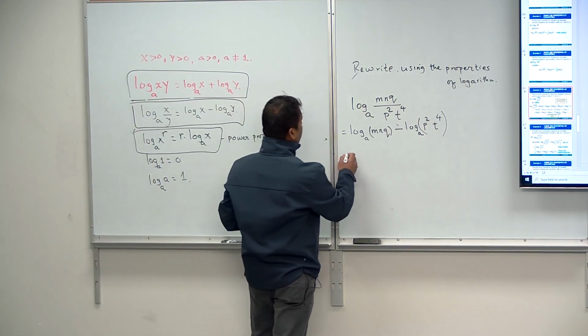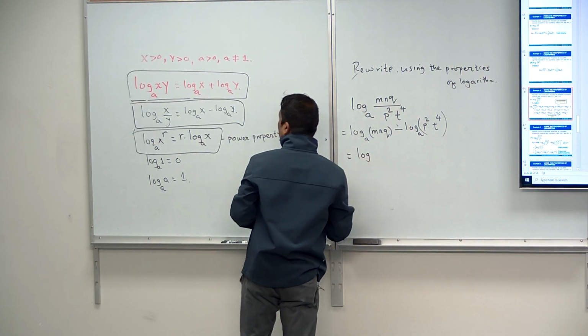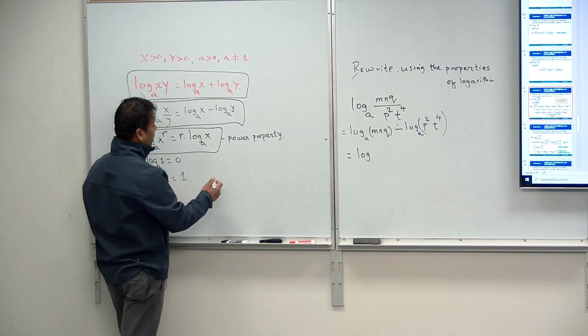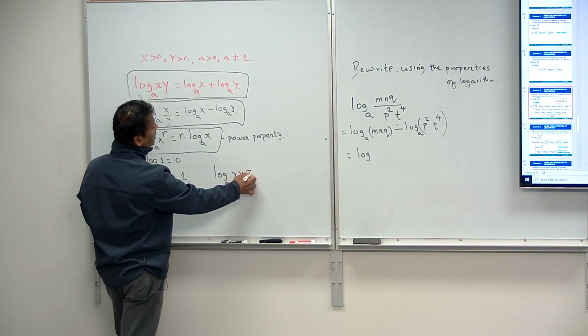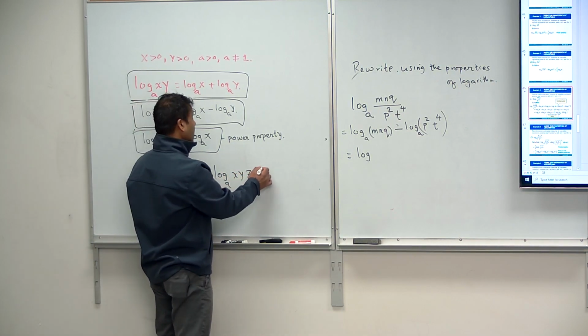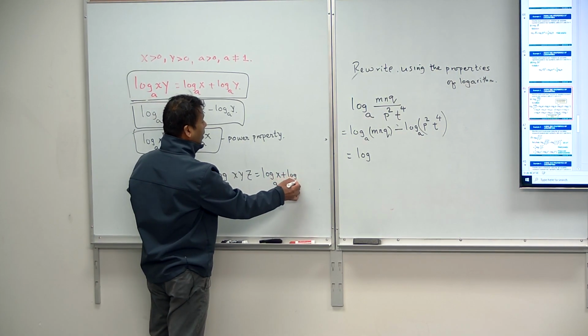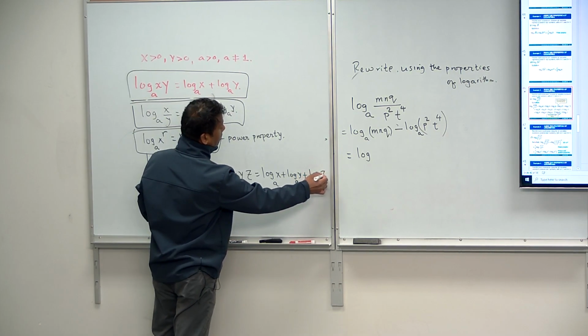Now you see this property can be extended for the product of three numbers. If you have a logarithm with base a of x times y times g, this is the same as logarithm with base a of x plus logarithm with base a of y plus logarithm with base a of g.